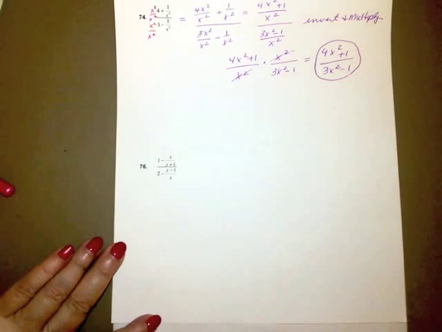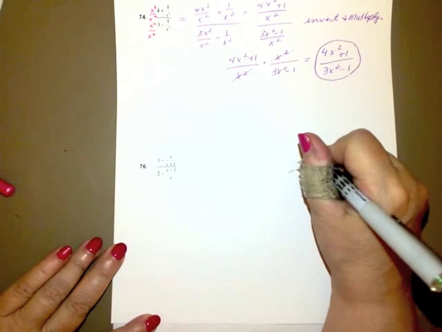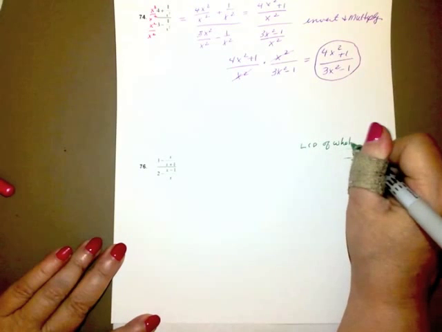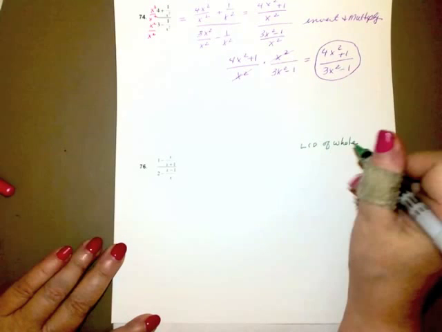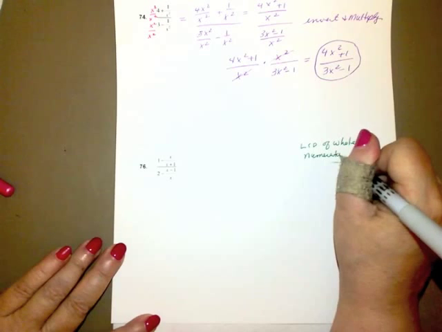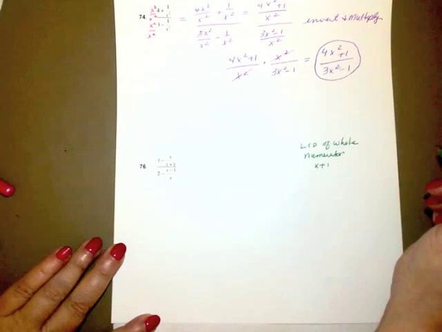There is a second way of handling this problem, and that's to find the LCD of the whole. Which means that if I look at the numerator, the LCD of the numerator is just x plus 1.